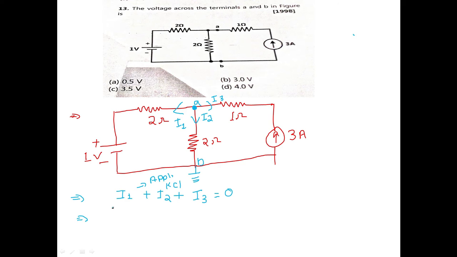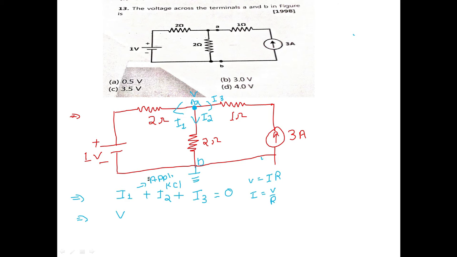I1 is calculated as follows. We know that V is equal to IR, and I is equal to V by R. Now if we look at the I1 current, we have taken V at the reference node.